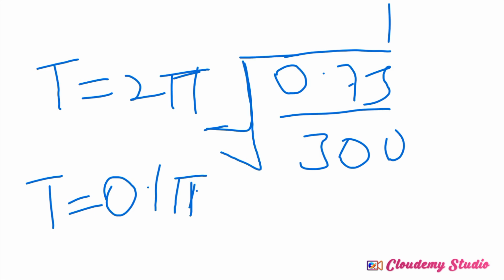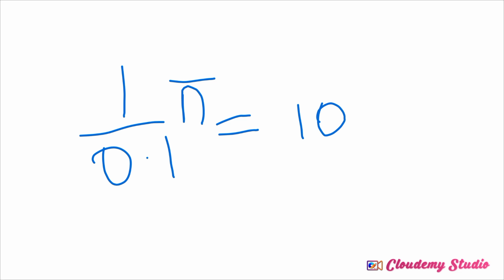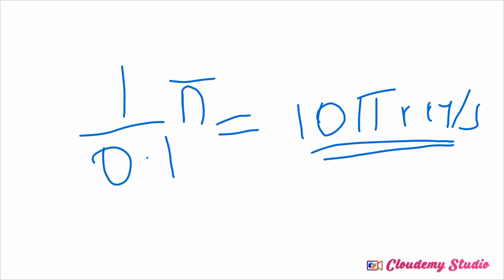Your frequency will now be 1 divided by 0.1 pi, that should be 10 over pi revolutions per second. That's for frequency.